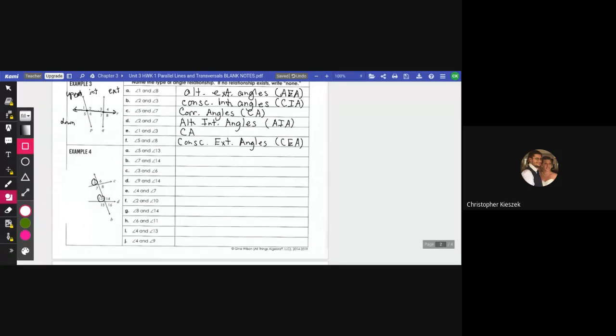5 and 13, they're on the same side of my transversal, in this case B. One's interior, one's exterior. What kind of angle is that? That would be a corresponding angle. I'm going to do the same thing for the next one.